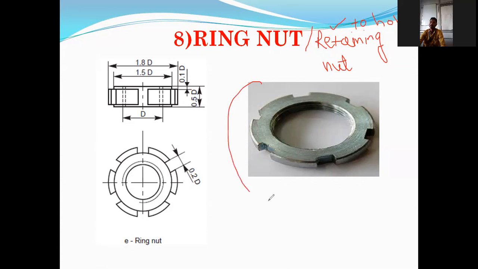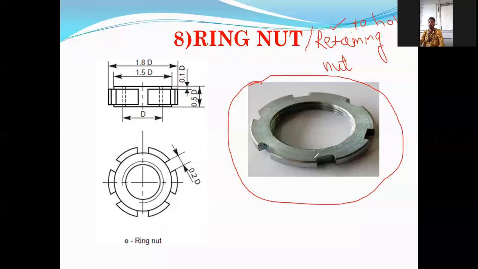Have you seen such a component in your life somewhere? A nut which is having slots on its periphery? कुठं पाहिलेत का असे? Have you seen such slots? Either say yes or no. Keeping mum, what do I have to understand? पाहिलेत का असे हे नट?